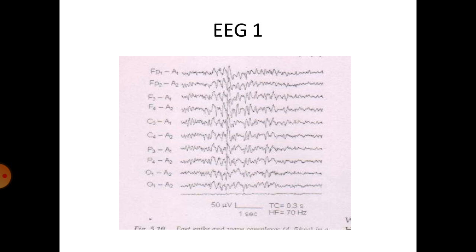Here we place the electrodes on the head and take the signal using the electrodes, and it is processed to find out the patient's condition. That's all about the function of EEG.